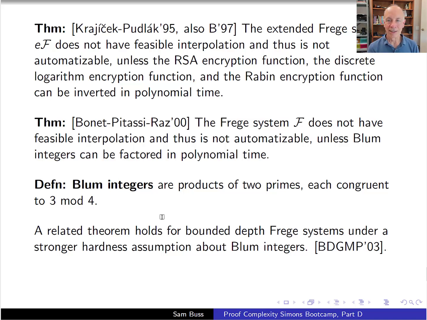And so based on those conjectures, one would conclude that it's expected that the extended Frege system is not automatizable. A similar result obtained by Bonet, Pitassi, and Raz shows that Frege systems do not have feasible interpolation and thus are not automatizable unless Blum integers can be factored in polynomial time. Blum integers are products of two primes, each congruent to 3 mod 4. And again, this is thought to be a hard problem to invert or to factor such integers.